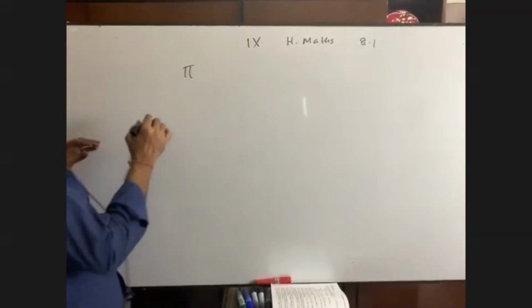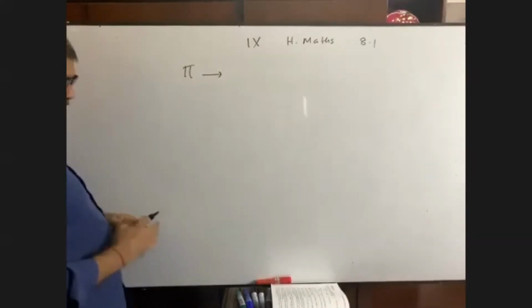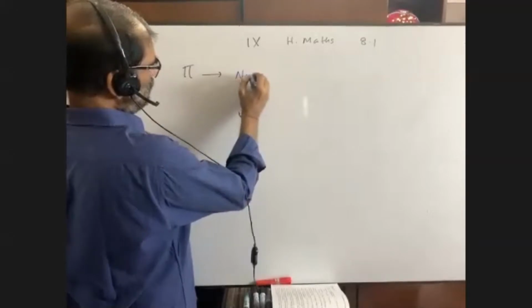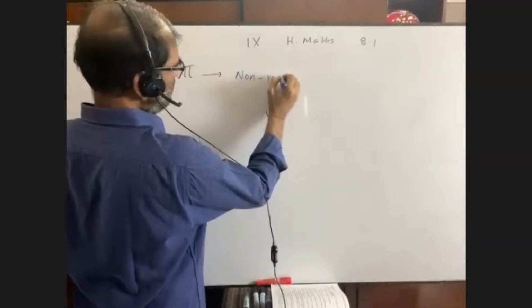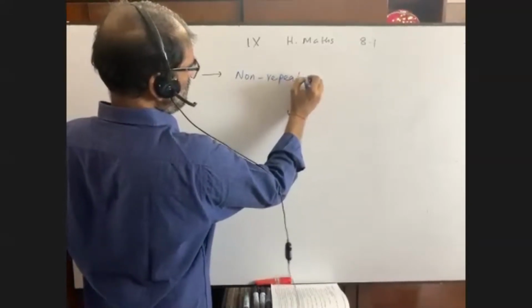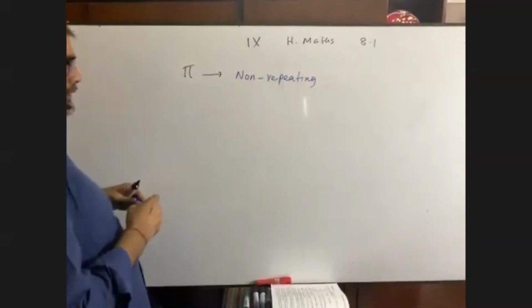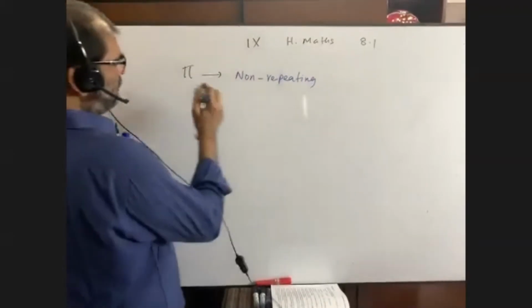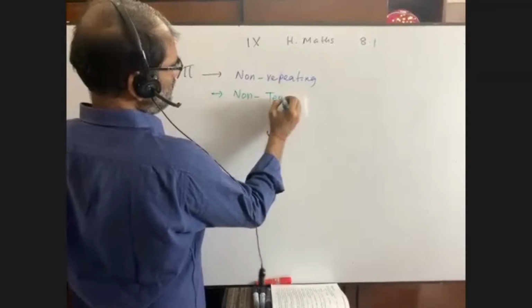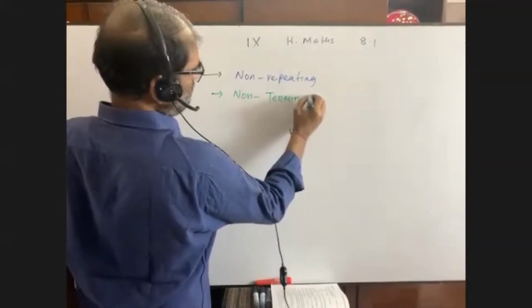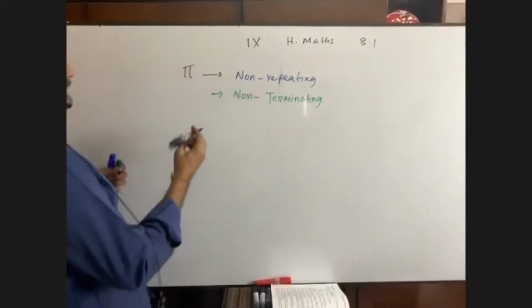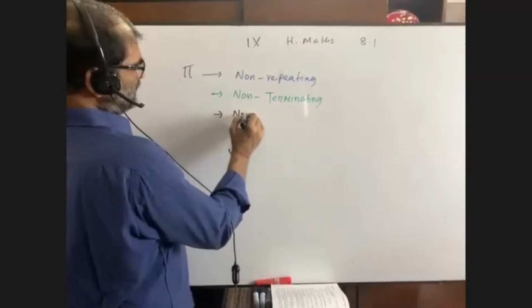Pi is the ratio of the circle. Write down: pi is non-repeating, non-terminating, that is, non-finishing.